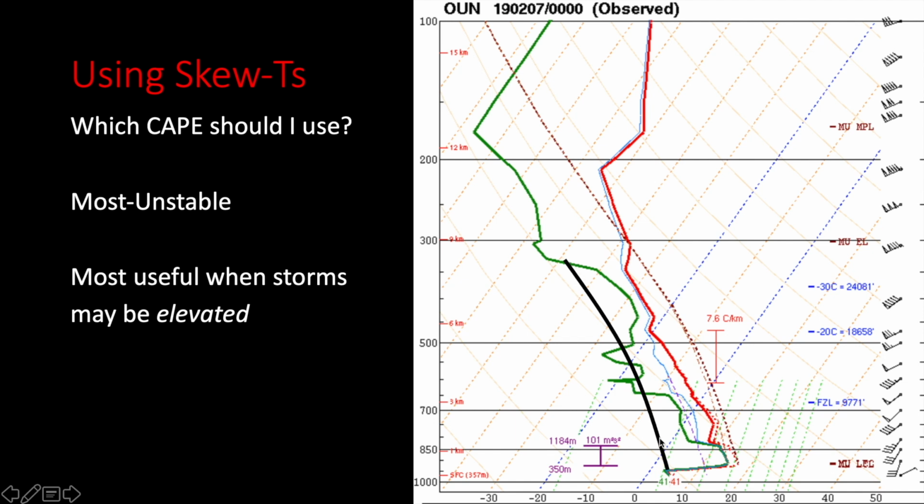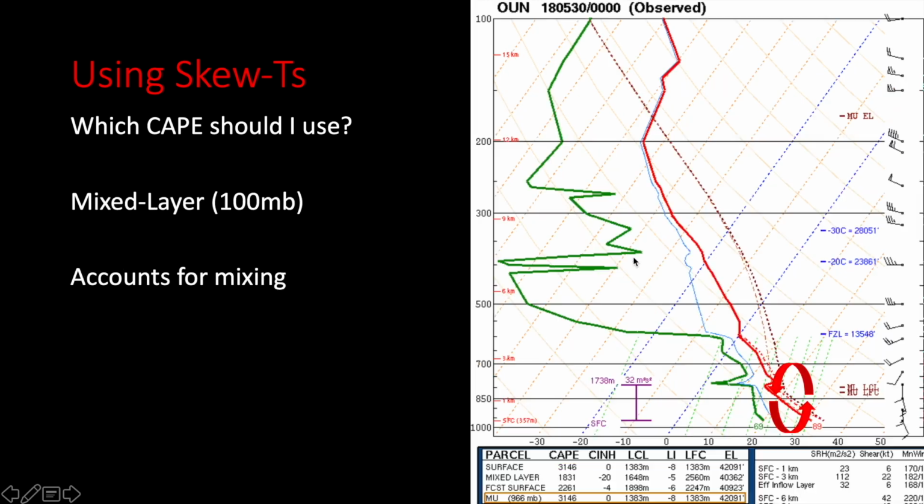Our surface-based parcel ends up being much cooler than the environment at pretty much all levels here. However, this is going to be really important when we have elevated environments above that stable layer, because if we try calculating that most unstable CAPE again for a different layer, now we found that a level at about 750 meters gives us a lot of CAPE. So this is where our most unstable CAPE is most useful.